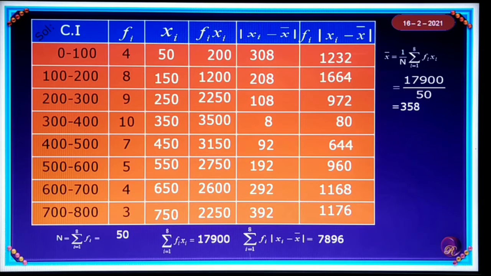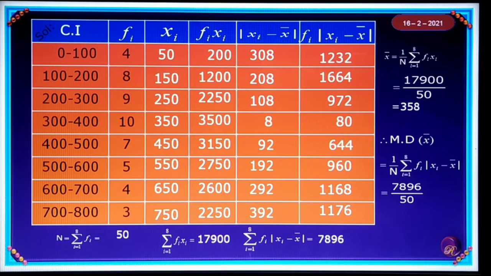Therefore, mean deviation about mean is equal to 1 by n into summation of fi into absolute values of xi minus x bar, which is equal to 7896 divided by 50.